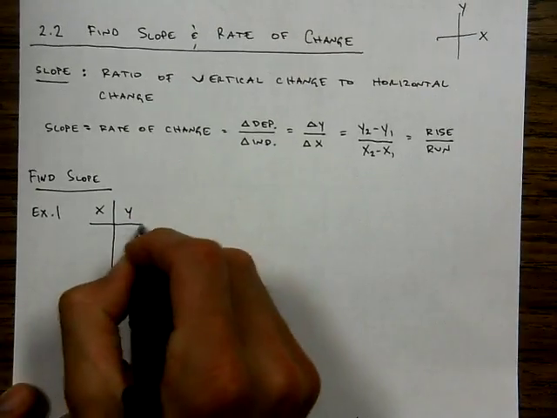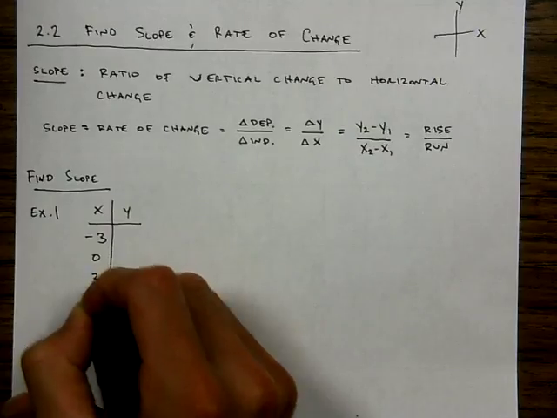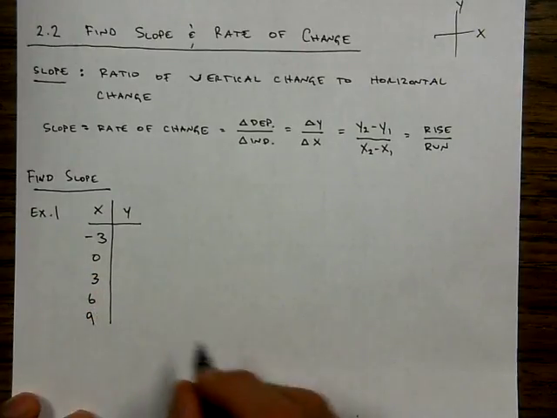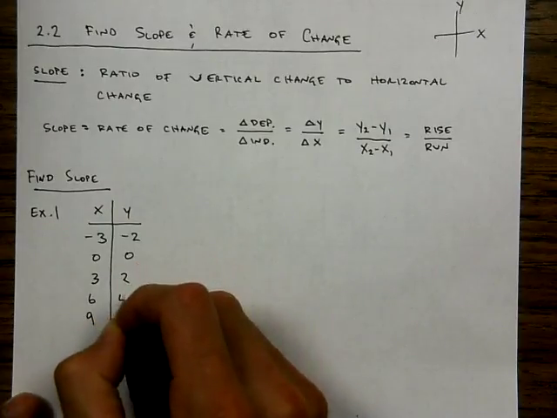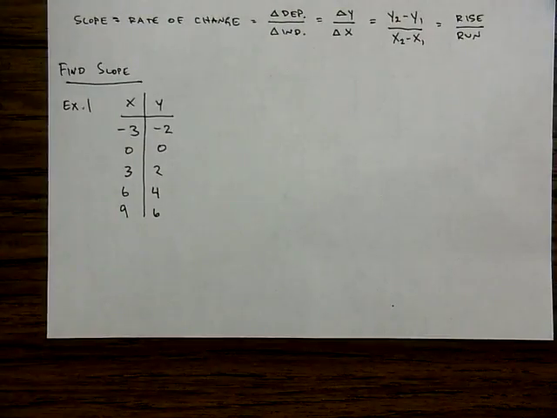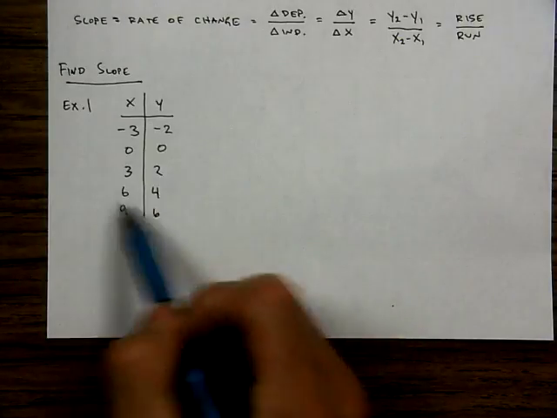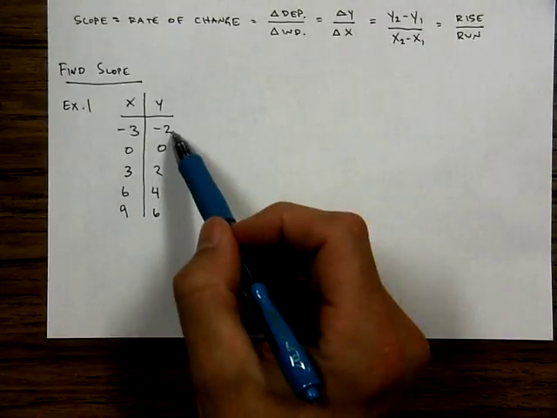So let's start with the table. So go ahead and copy that down, pause if you need to. So when I'm looking at the slope of this table, what a lot of students make the mistake of doing is they just look at the change in y.